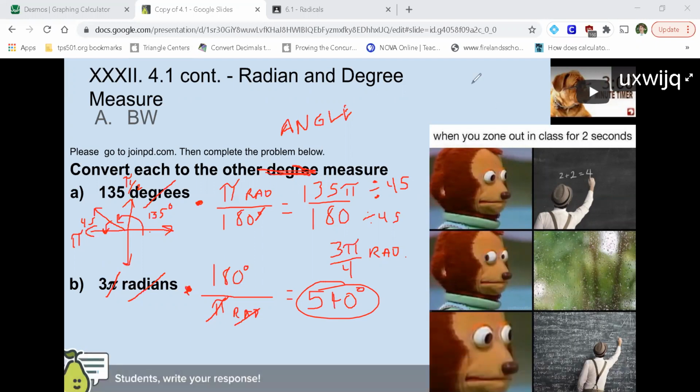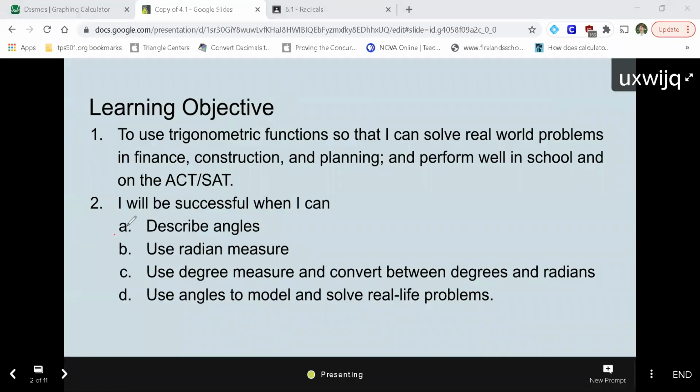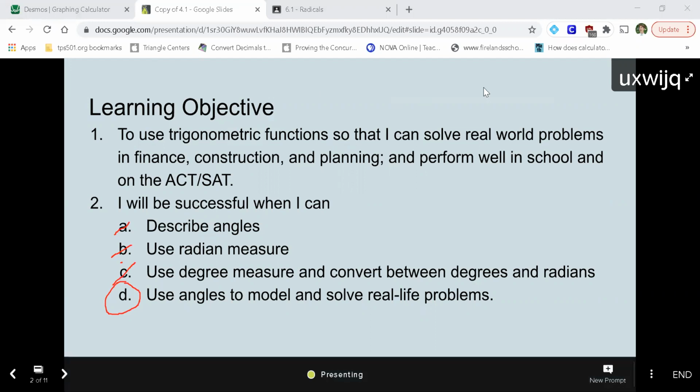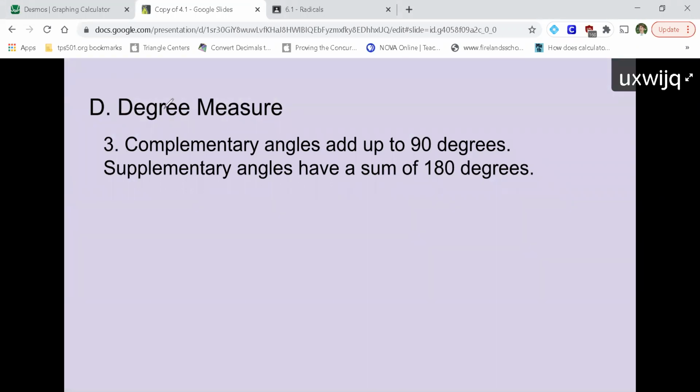Sweet. Then we're going to finish out 4.1 today. So we're going to start talking about how to use angles to solve some more problems. For the first set of problems that they ask you to do, to be honest, you don't have to copy this into your notes. This is from geometry.